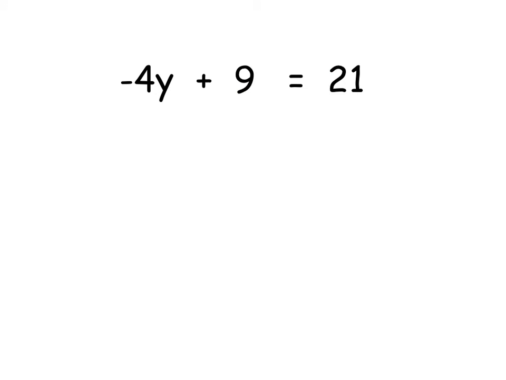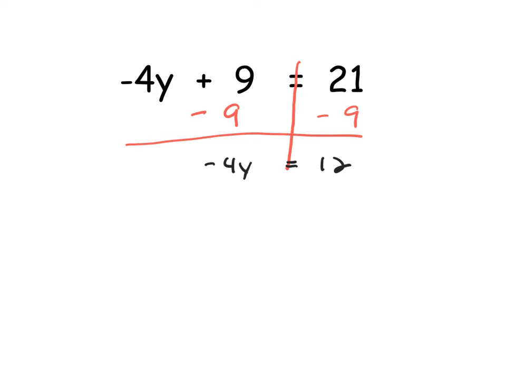What is the first solving step for this equation? We want to undo the coefficient of +9. We use the opposite by subtracting 9, and that leaves -4y on this side of the equation, and that equals 12.